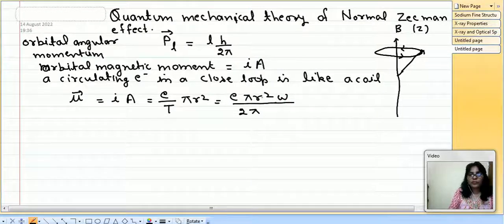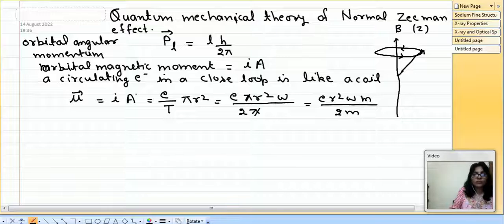So pi cancels, and then let us multiply by m in numerator and denominator. So this m r square omega is the orbital angular momentum. So it is e by 2m into PL.